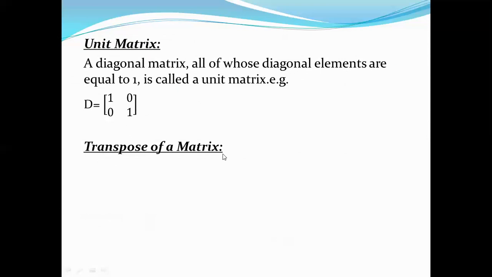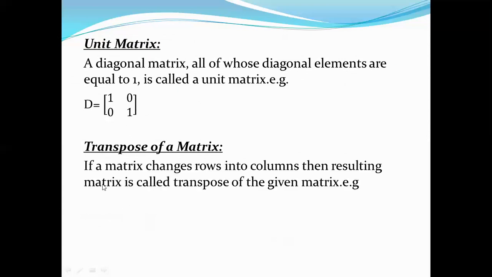Now we have the transpose of a matrix. If a matrix changes rows into columns, then the resulting matrix is called the transpose of the given matrix. For example, we have here a matrix A that is equal to [1, B, C, D]. There are 4 elements. In the first row, we have 2 elements A and B. Means the elements of a row become the elements in a column in the transpose of a matrix.